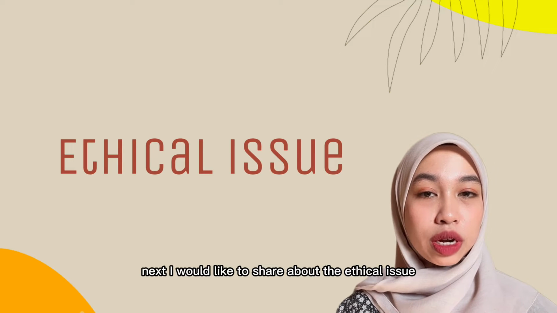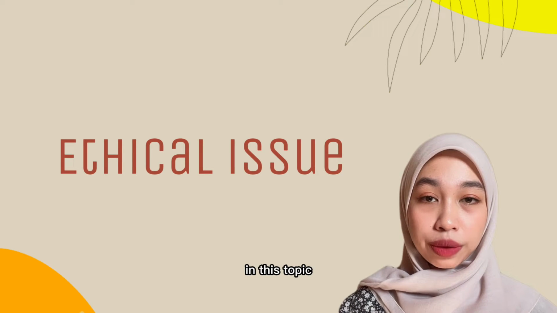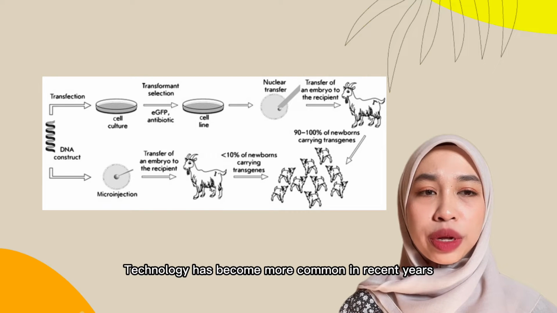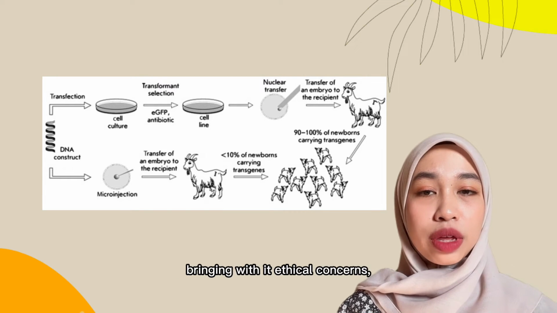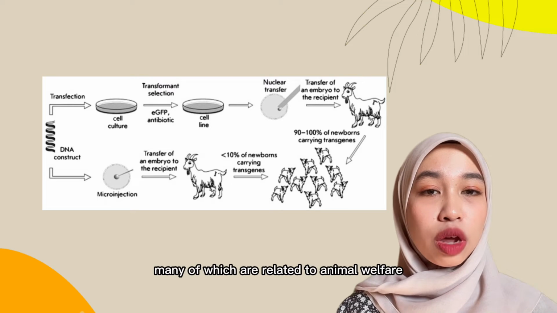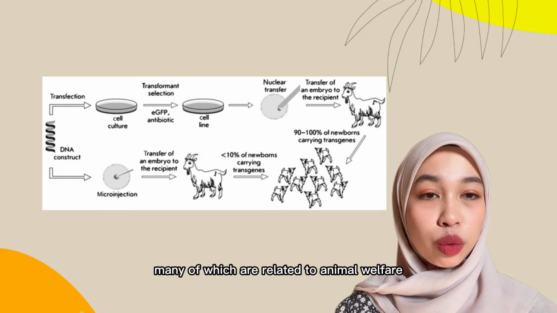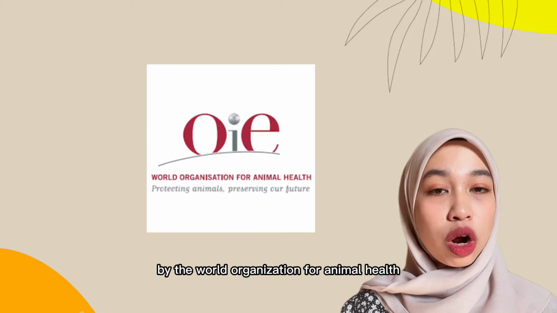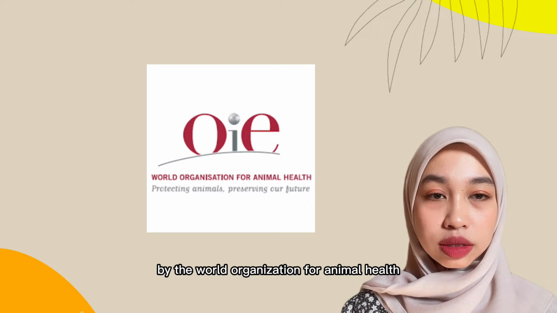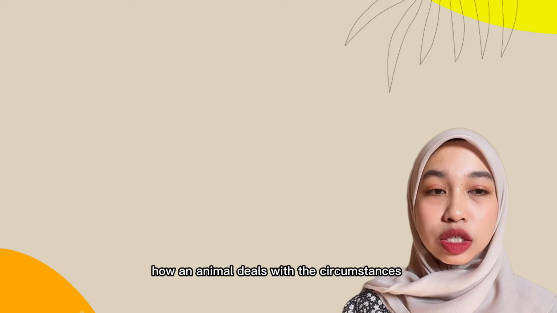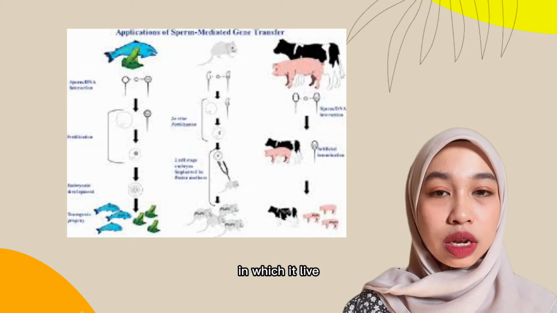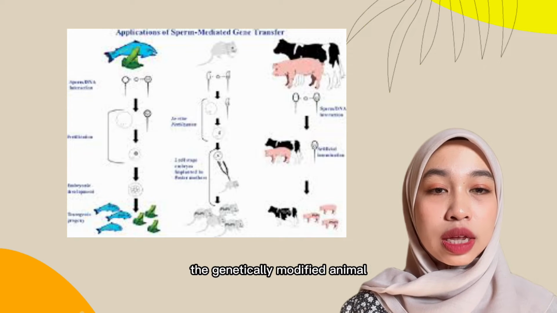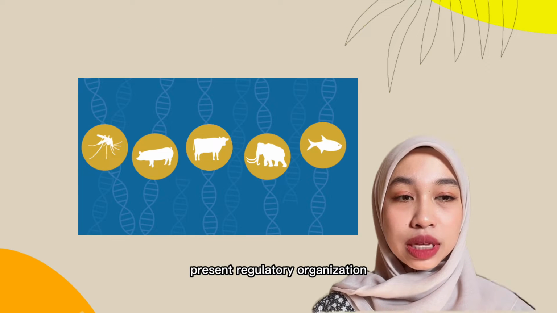Next, I would like to share about the ethical issue in this topic. Like we know, animal recombinant DNA technology has become more common in recent years, bringing with it ethical concerns, many of which are related to animal welfare, which is defined as the state of the animal by the World Organisation for Animal Health. However, animal welfare deals with the circumstances in which it lives because of the international issue that genetically modified animals present.